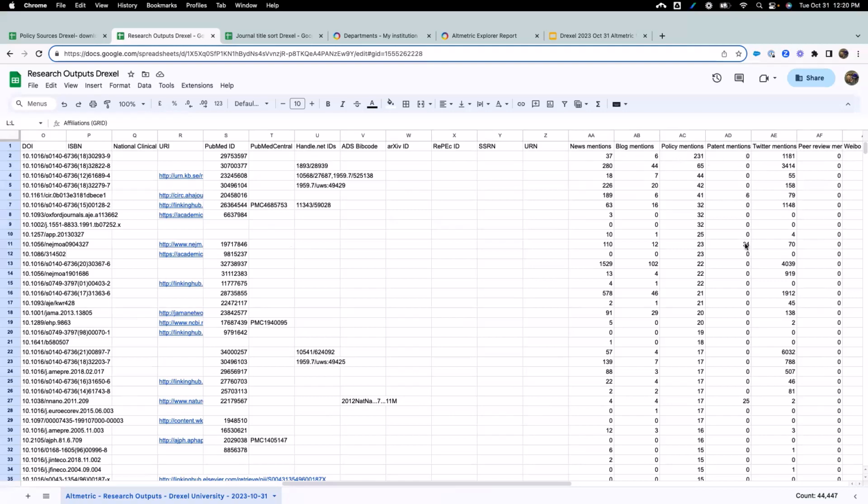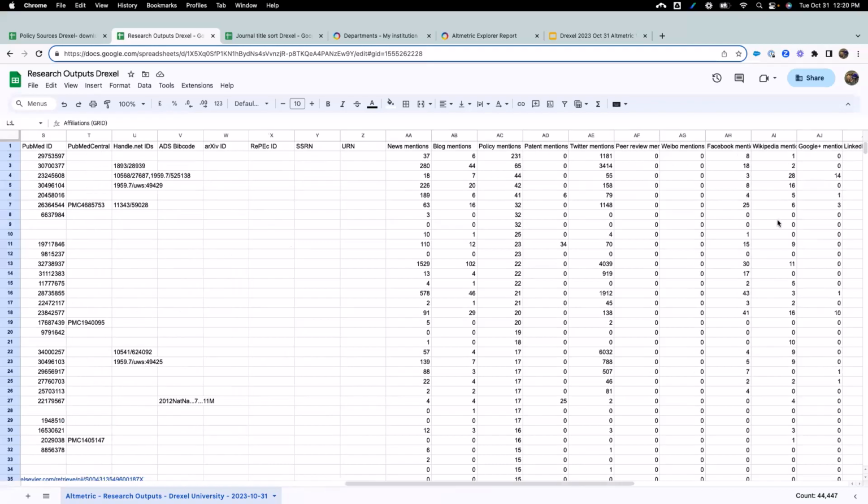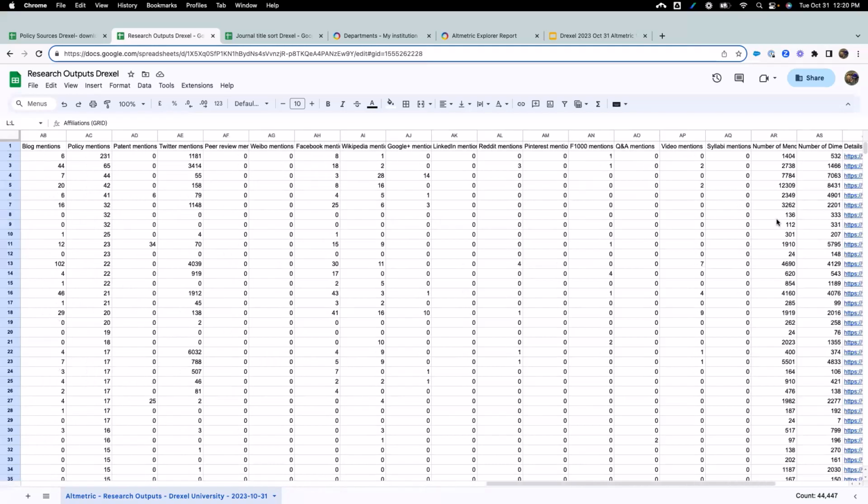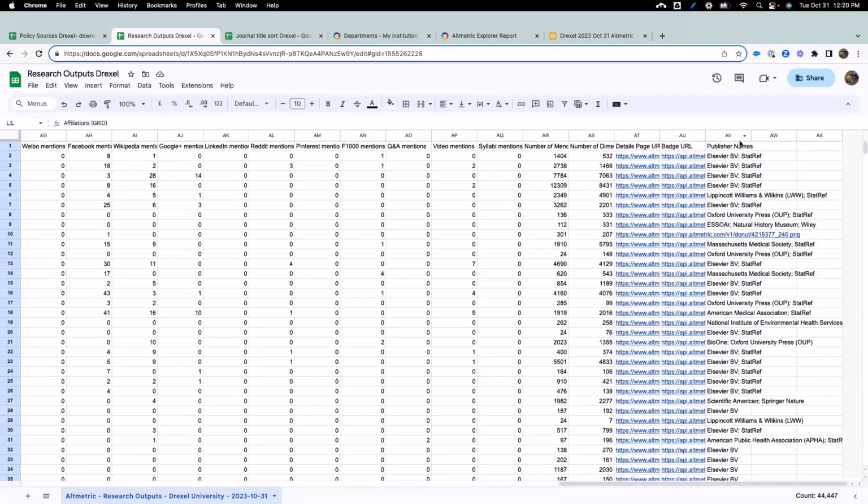And if you're interested in patents, which one of these have patents? So all this information, all the way through to AV, so I don't know, what is that, 50 some odd pieces of information, is available for every single output. So that should be really helpful for you to have, and that's simply done by exporting.